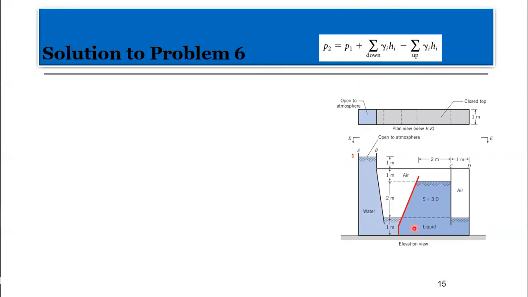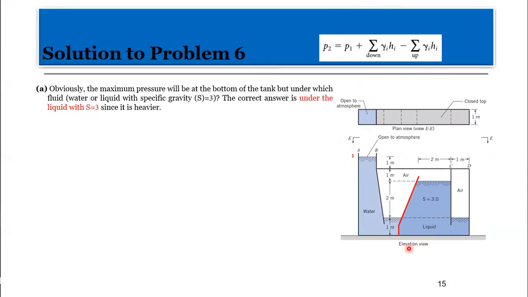What we need to do is, if we are looking at the fluids here, remember the pressure is directly proportional to the weight of the fluid. If the weight is higher, the pressure too will be higher. So of course the maximum pressure will occur at the bottom of the tank.